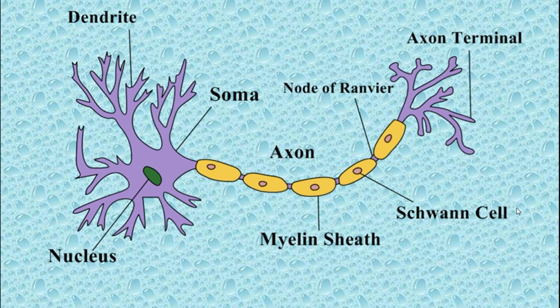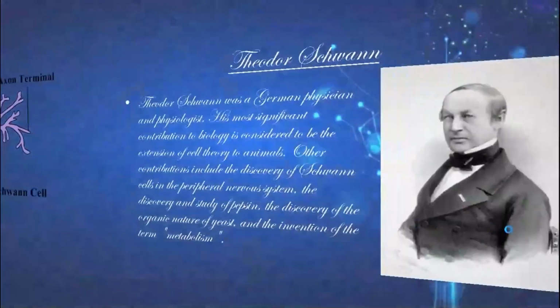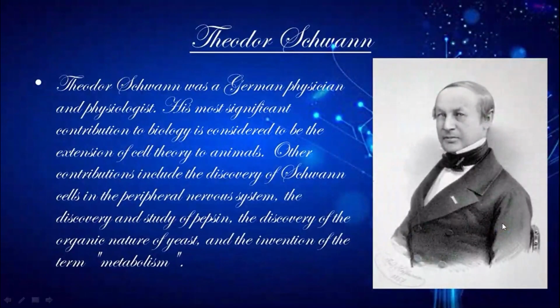Now, next we have the Schwann cell. The Schwann cell is named after one of the scientists, Theodor Schwann. Theodor Schwann was a German physician and physiologist. His most significant contribution to biology is considered to be the extension of the cell theory to animals.